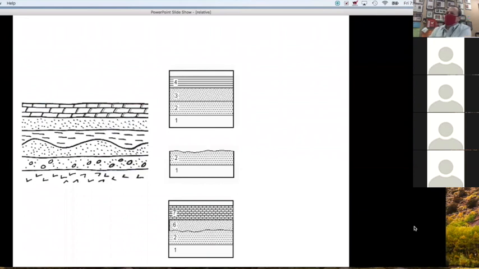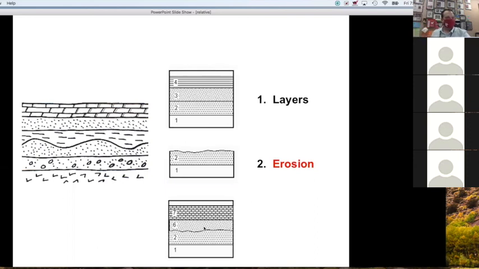Now I want you to try one of these. Can we put the events or the rocks in order? So we see this over here. How did this form? Well, the first thing that happened is we had to have rock layers. 1, 2, 3, 4. And then something came in and cut them or erased them. So that's the erosion, where it disappears.